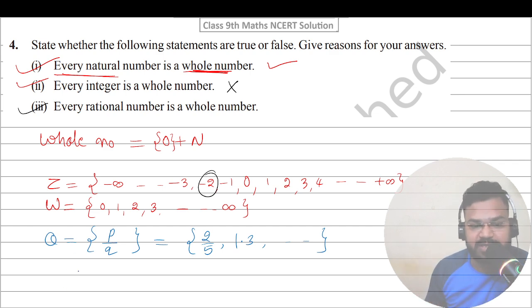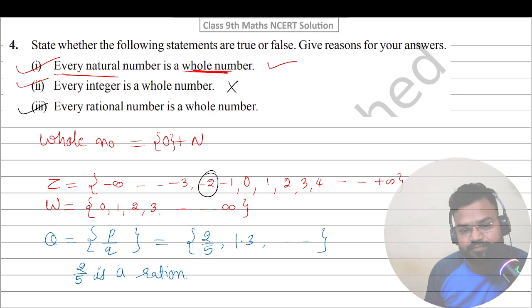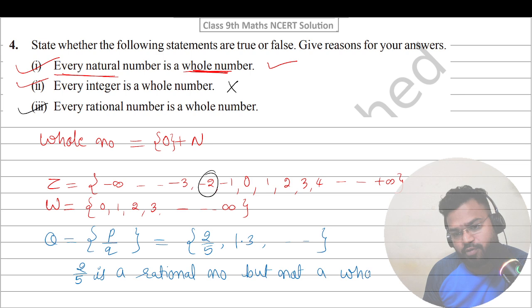So 2 by 5 is a rational number but not a whole number. Again, it will be false, and this will be your reason.